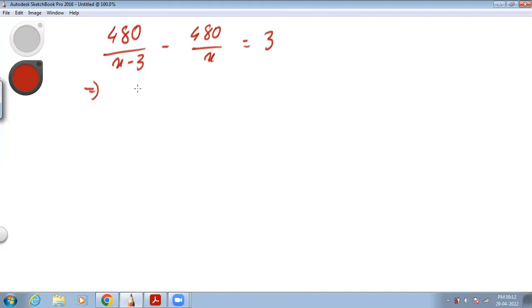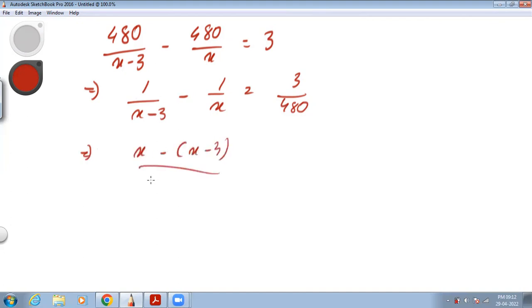We can write it like this: 1 by x minus 8 minus 1 by x equals 3 by 480. And this becomes 8 by x into x minus 8 equals, now this can get cancelled, 1 by 160.